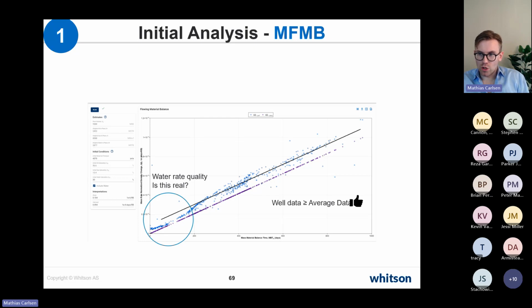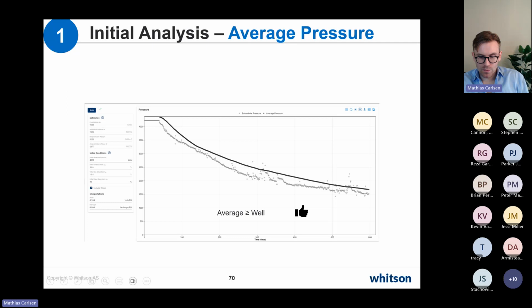You could also do the check real quick. They looked like they ignored some of these noisy data points, assuming they were bad readings, but they at least were transferring that peak right here. So they saw that, okay, average reservoir pressure is above the well pressure. That passed the smell test.